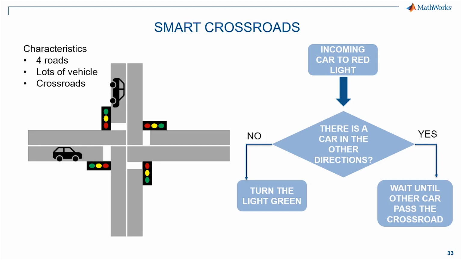Like you can see in the scheme on the right, we can know if a car is incoming, and we have the red. If there's a car in the other direction, it will stay red, so the other car can pass. If not, the light switches automatically to green, so our car can pass easily through the crossroad.